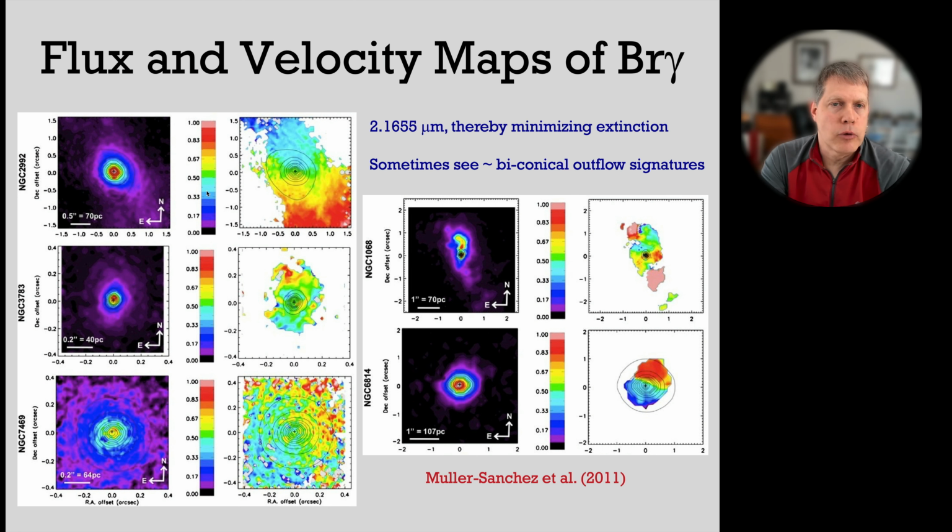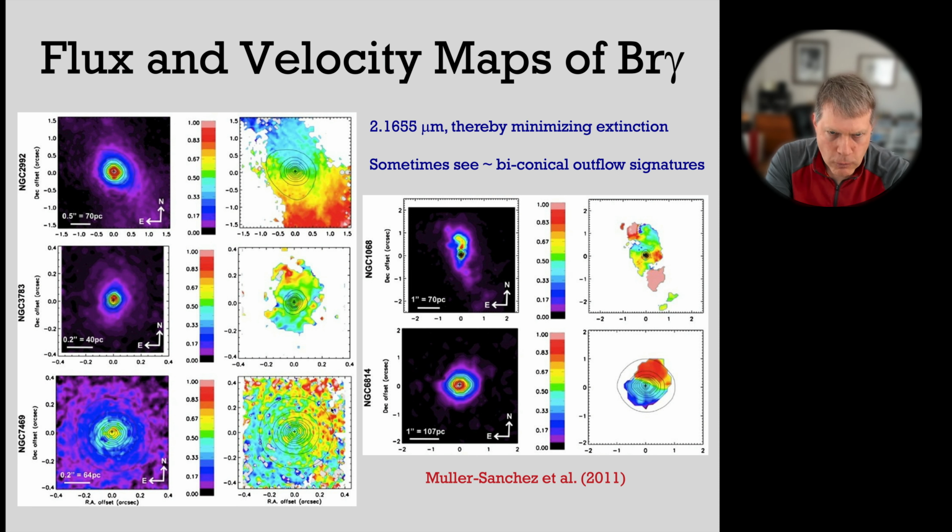And you can see a number of remarkable things. In the velocity maps, you can see that oftentimes you have one side of the NLR emission that, as measured in Brackett gamma, is blueshifted, and the other side that is redshifted. You see the same type of thing here: some red emission here, more blue emission over on this side.